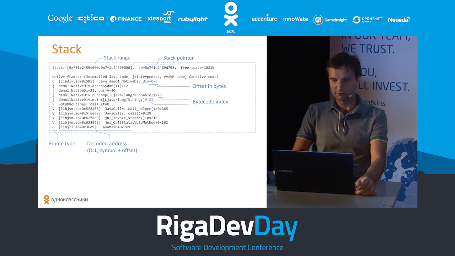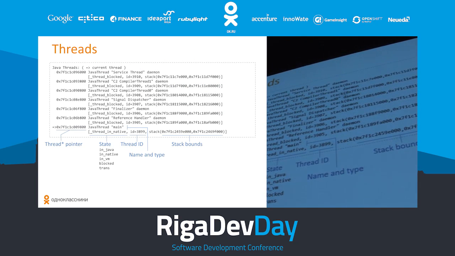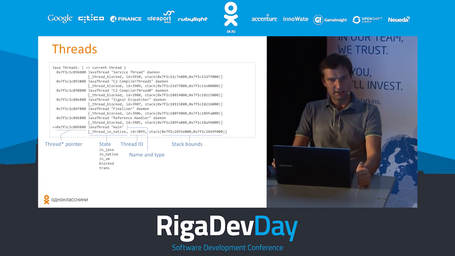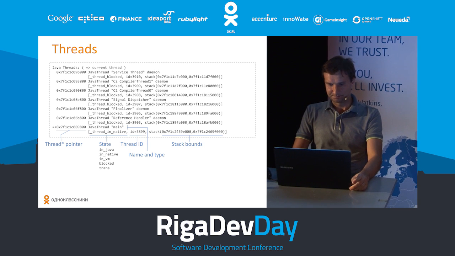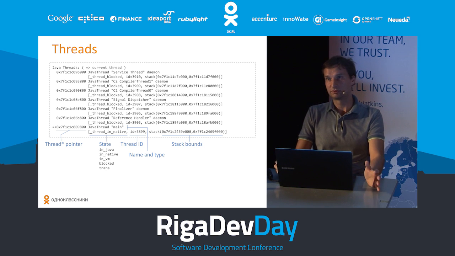This part shows you as many Java threads as were working at the moment of the crash. Each line describes one thread by its name, state, ID, and the stack bounds. A thread can be executing either native code or Java code and be in VM code or in transition between these states. If a thread is waiting to enter a synchronized block, it will be in blocked state.